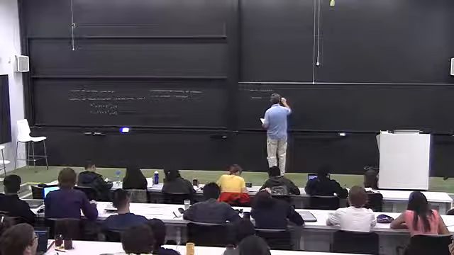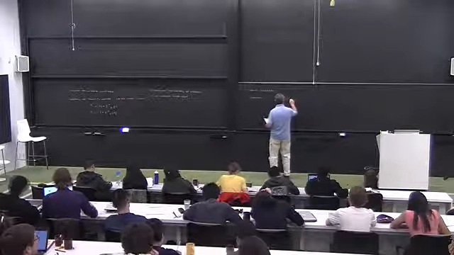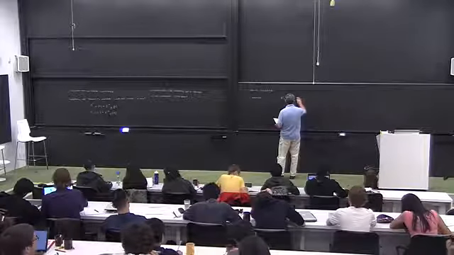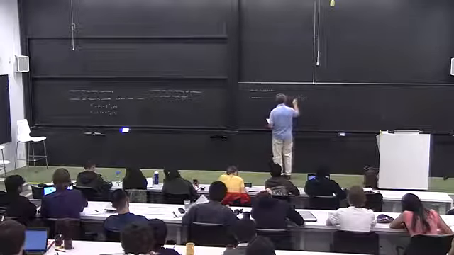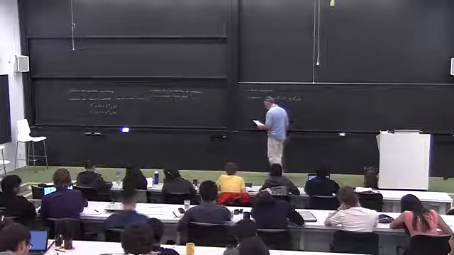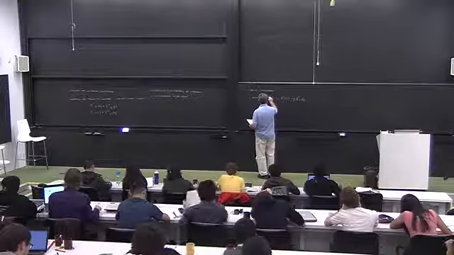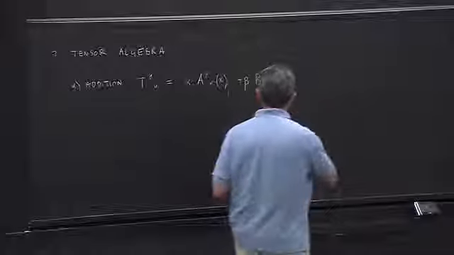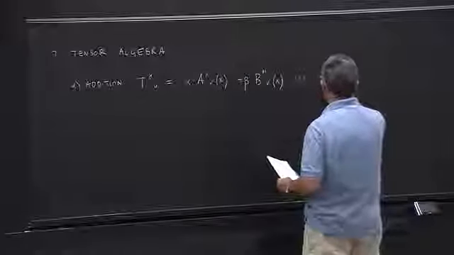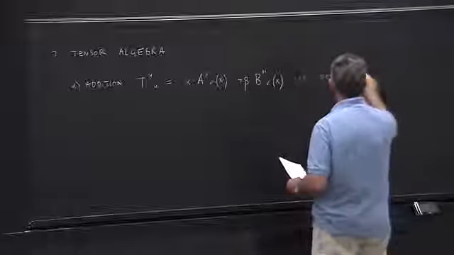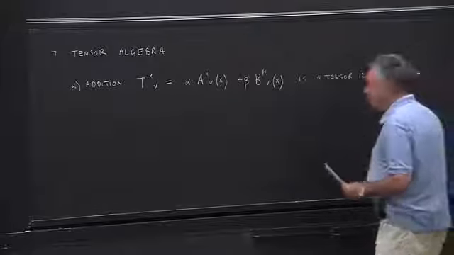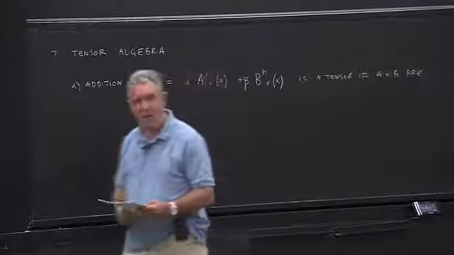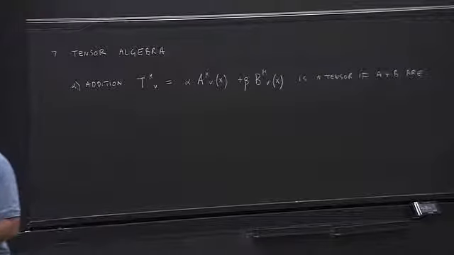So if we have some tensor A mu nu, let's say, and some tensor B mu nu, and we add them together with some arbitrary coefficients alpha plus beta, then the result, call it T mu nu, is a tensor. That's easy to verify from the definition of a tensor that we wrote down in the previous lecture.